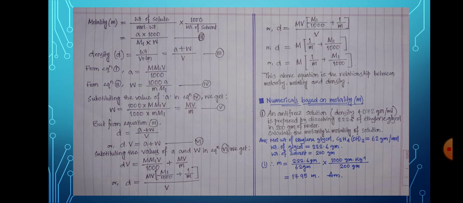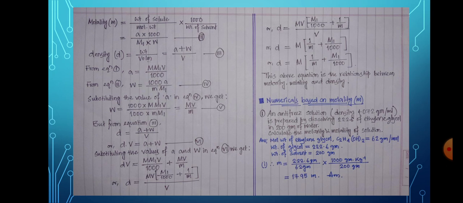Now substituting the value of A in equation number 4, we get W by substituting different values of A and W, expressed by equation number 5.